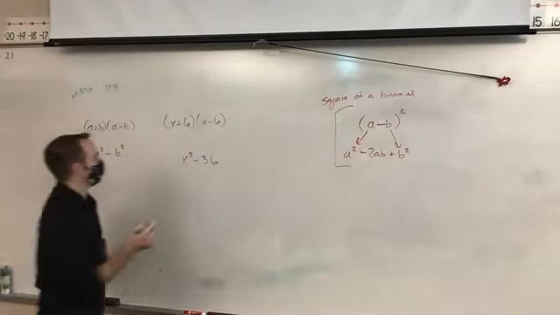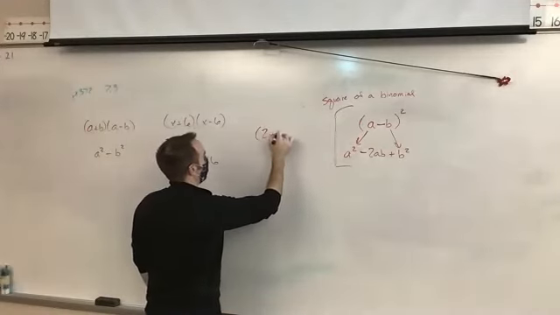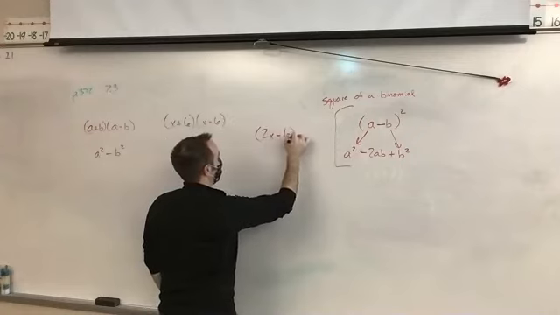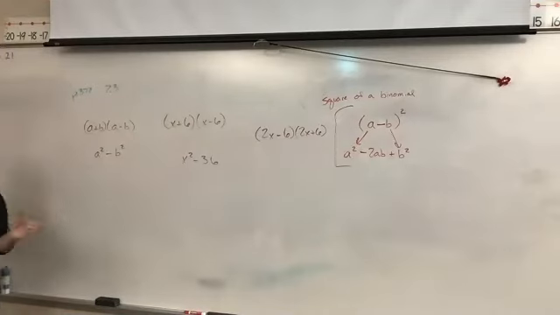So let's look at an example here. 2x minus 6, 2x plus 6. It does not matter if the plus or the minus is first. We're doing the same exact thing. Square the first term, square the last, subtract it.